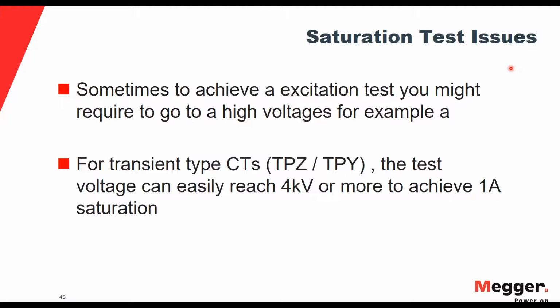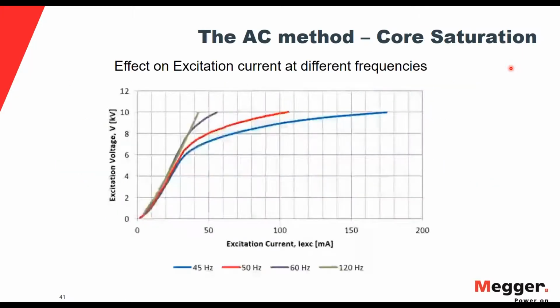One method that was used, and is still being used, to overcome this issue is an AC method, where instead of injecting the rated frequency of the AC, they reduce the frequency to a very low value to be able to achieve that saturation, and then interpolate the value at that frequency to your rated frequency.